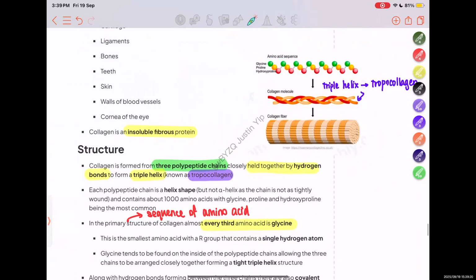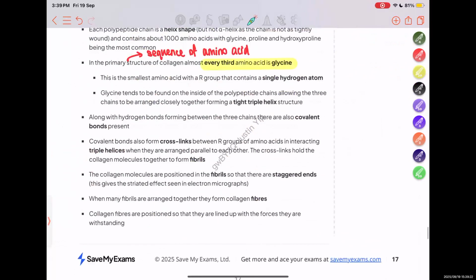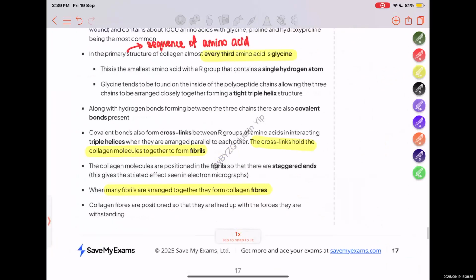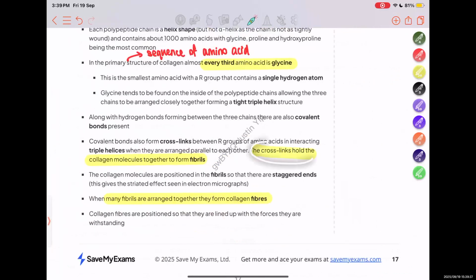This is the highlight part that is important: you form fibrils first, and many fibrils are arranged together to form collagen fibers.